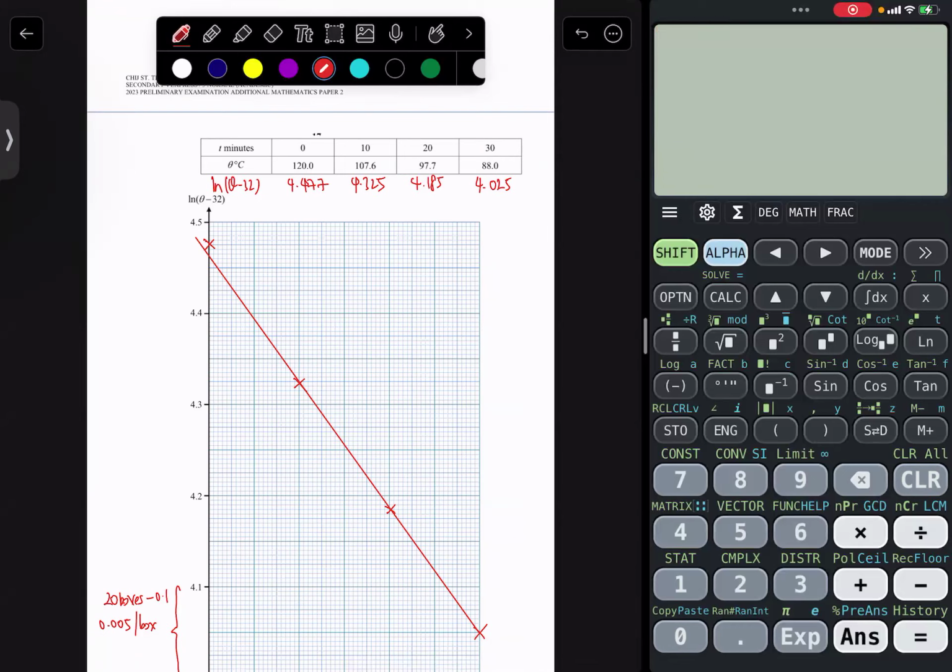Okay, let me recheck the point now. 4.325 is 5 blocks. 4.185 is 3 blocks.